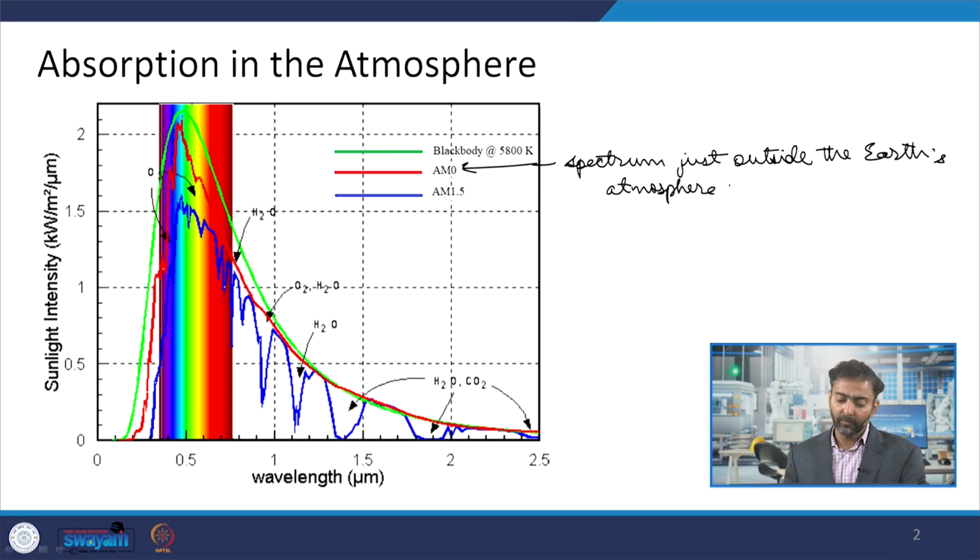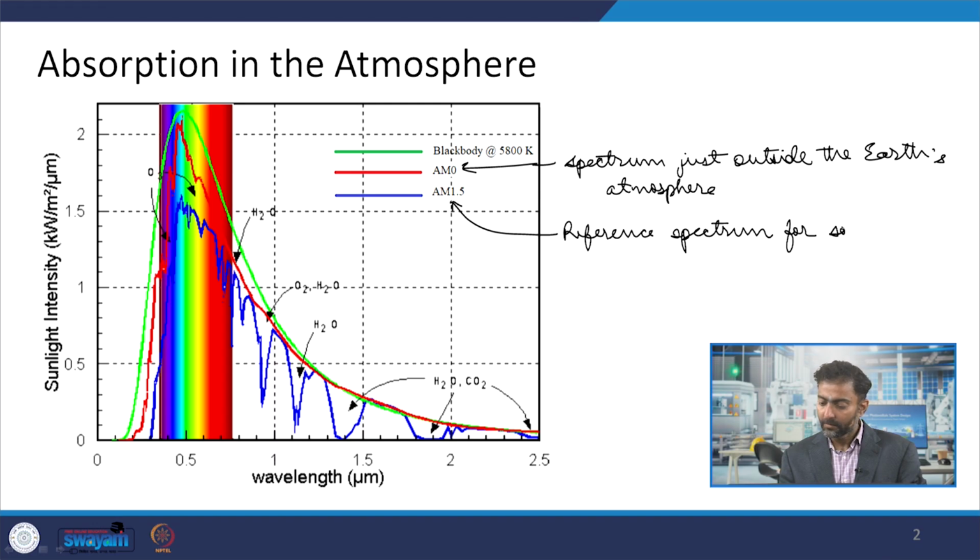Whereas the AM 1.5 spectrum is considered the reference spectrum for solar PV. So why has this particular spectrum been chosen as the reference spectrum? There is a particular reason for that.